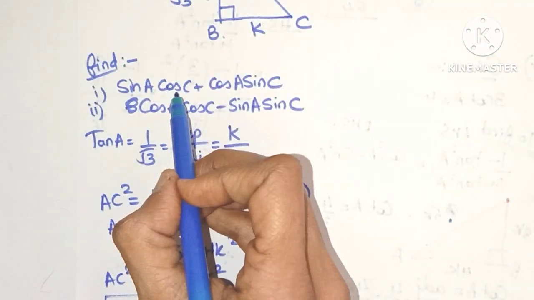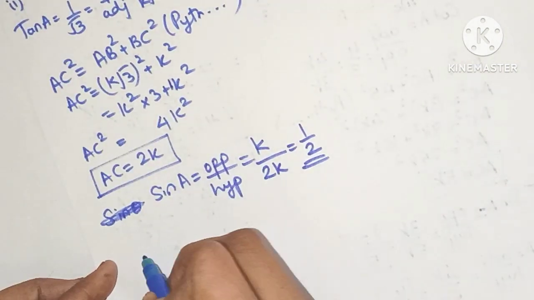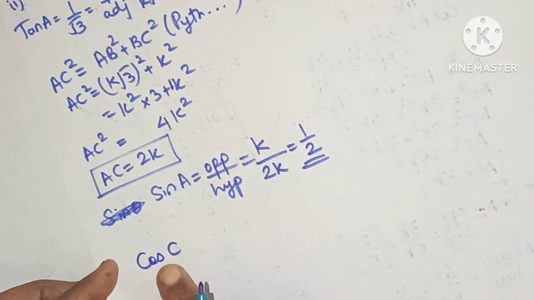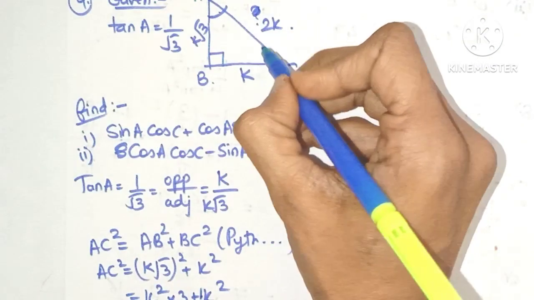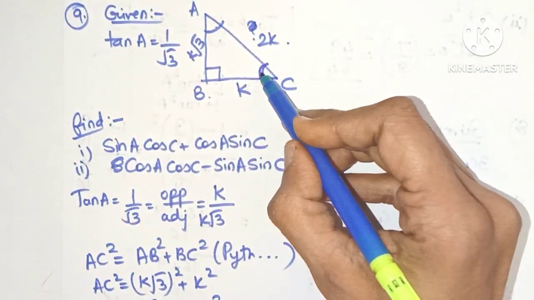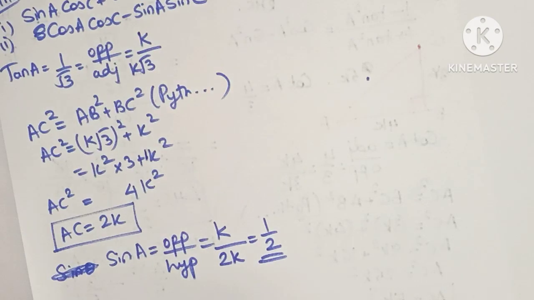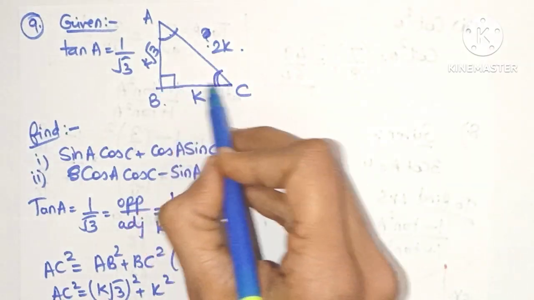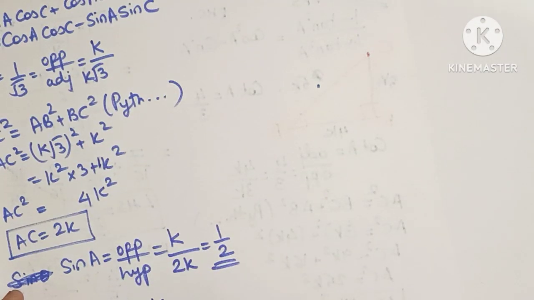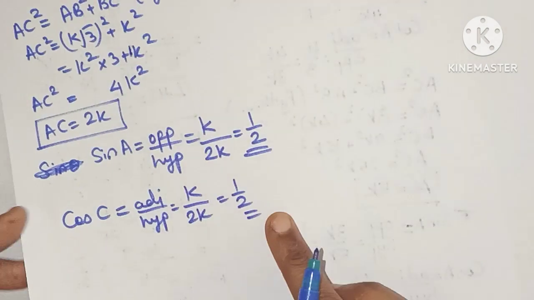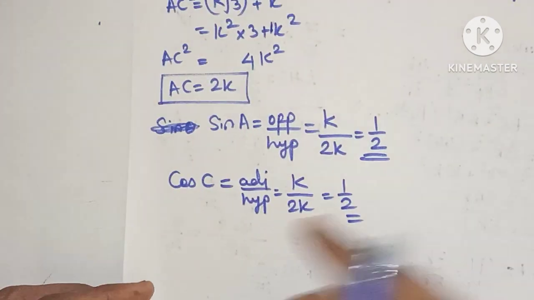Now I need to find cos C. Remember the angle has changed. Don't again find out cos A, okay? It's cos C, so my angle now has changed over here. So what is cos C? It is adjacent upon hypotenuse, but now my adjacent side is K, see? And my hypotenuse will be the same. Did you observe? Sine A and cos C are the same, right? So that is an interesting observation.